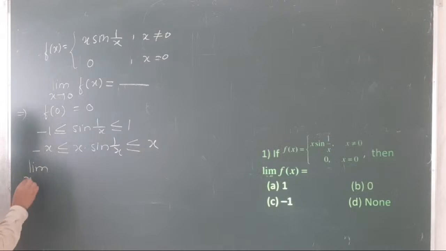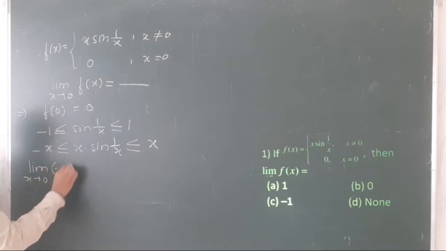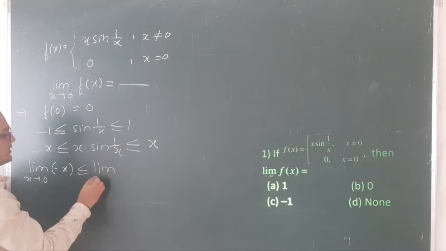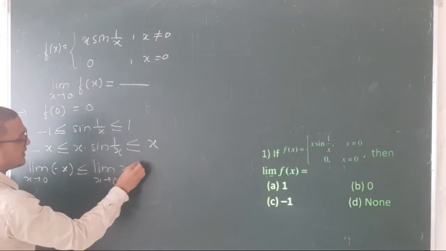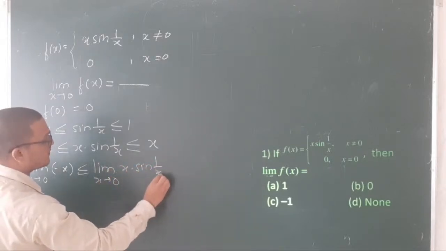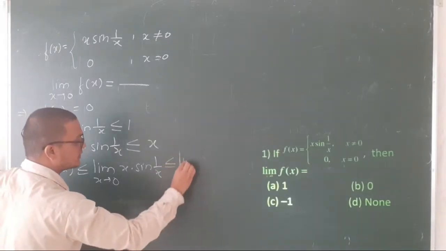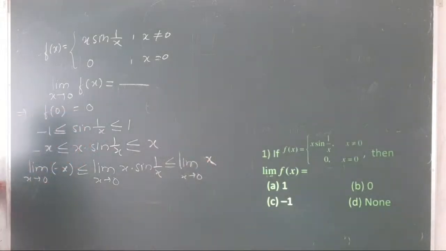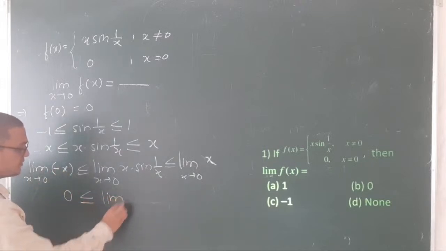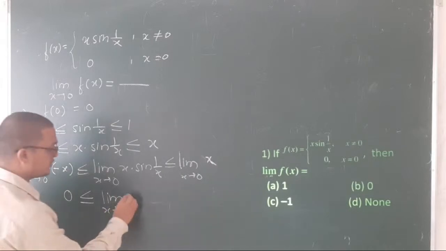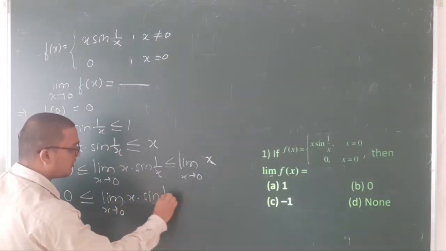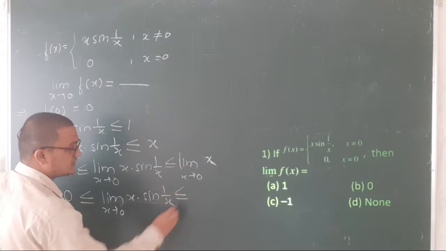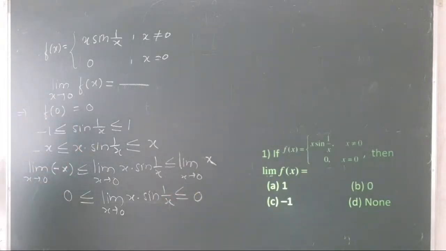Limit x tends to 0 of minus x is less than or equal to the limit x tends to 0 of x into sine of 1 by x, less than or equal to limit x tends to 0 of x. Putting x tends to 0, the left value is 0, the middle part keep as it is, and the right value is also 0.